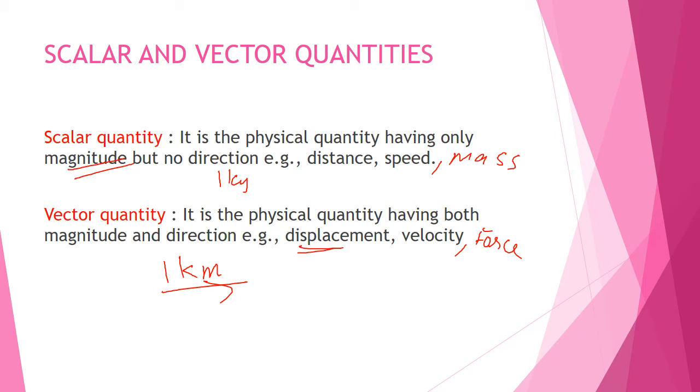But in the case of displacement, we have to tell which direction also. If it is going and coming back to the same place, then displacement will be 0. So for finding displacement, we need direction also. Quantities that require both magnitude and direction to describe are called vector quantities. Another examples are velocity and force. We will deal with all this in detail later.